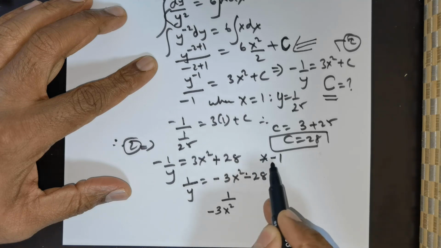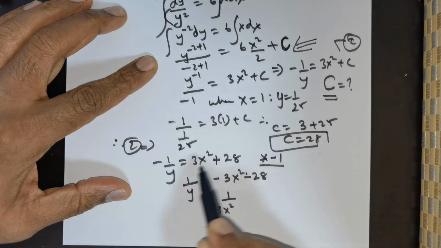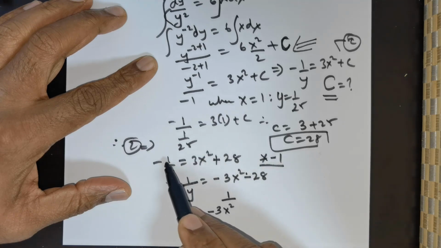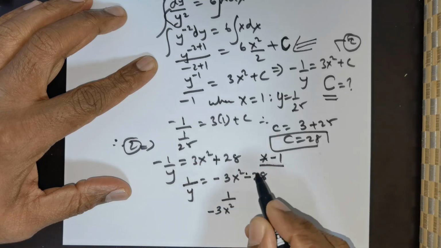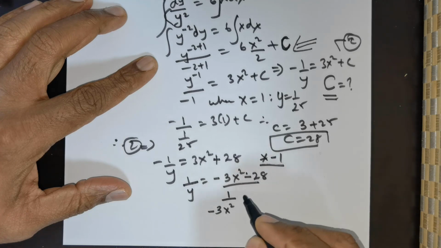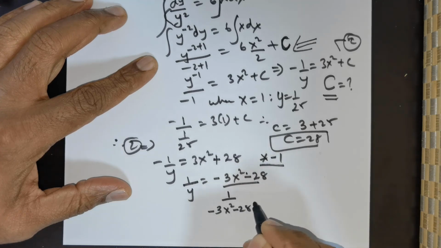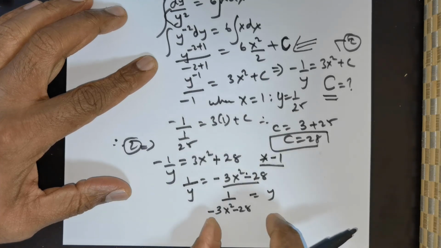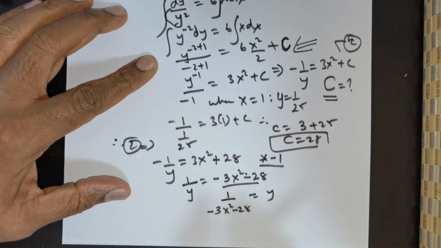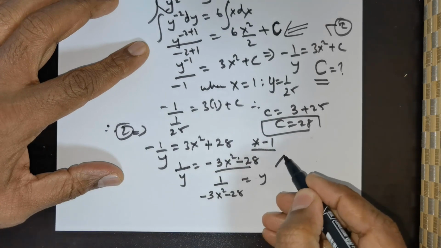I got this because I'm multiplying both sides by negative 1. So it's positive 1 over y, and this is negative 3x squared minus 28. So you push it down, you get negative 3x squared minus 28 is equal to, push this up, you get y. So y is equal to this. In fact, this is the required function.